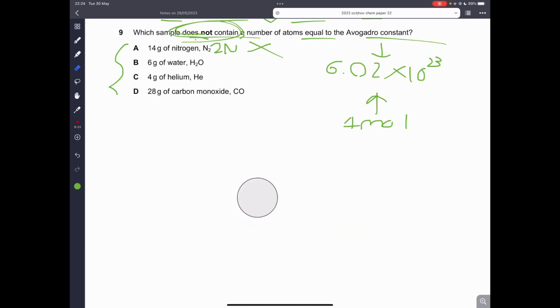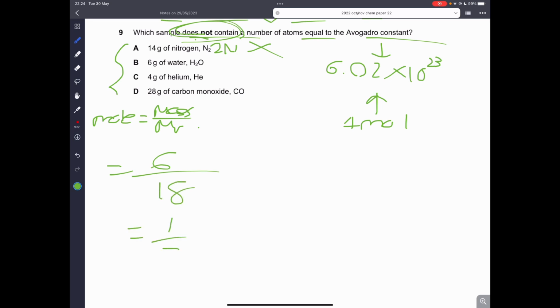Now let's look at the next option, 6 grams of water, H2O. We have to find the same thing. Mole is equal to mass over Mr. The mass of water is 6 grams and Mr is 18, so we get 1 over 3 mole of water.